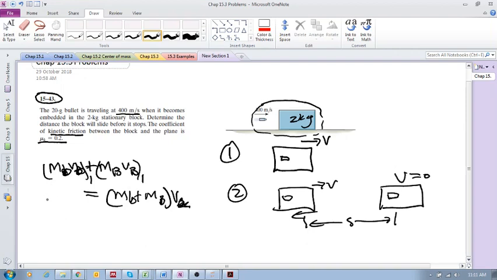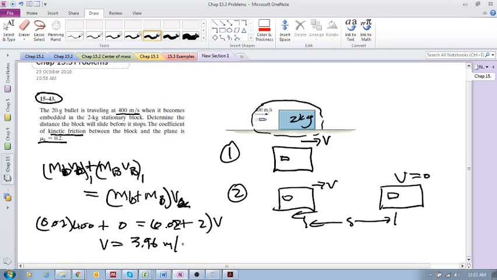So the mass of the bullet is 0.02 times 400 plus 0, because the velocity of the block is 0, is equal to 0.02 plus 2 kilograms, the total mass, times v. And if you solve for v, we get 3.96 meters per second.